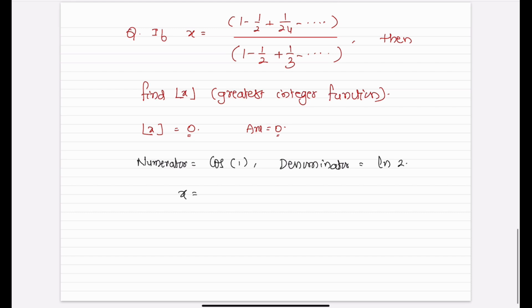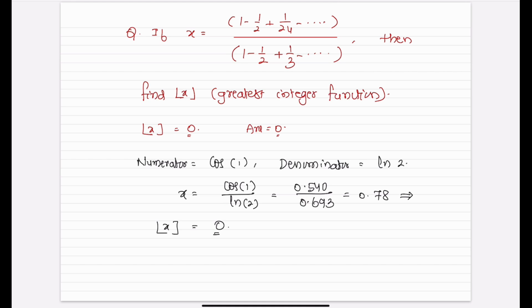The x value is equal to cos 1 by ln 2, 0.540 by 0.693, which is equal to 0.78, which implies the greatest integer value which is less than or equal to x is equal to 0.